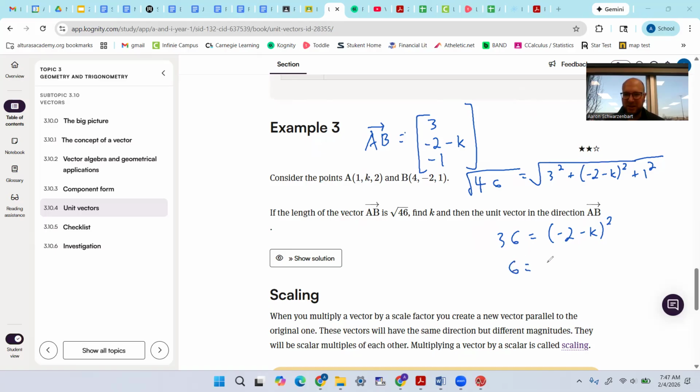I don't really need the minus. Oh, actually, I guess I do. I add 2 and I get 6, or -4 equals -k.